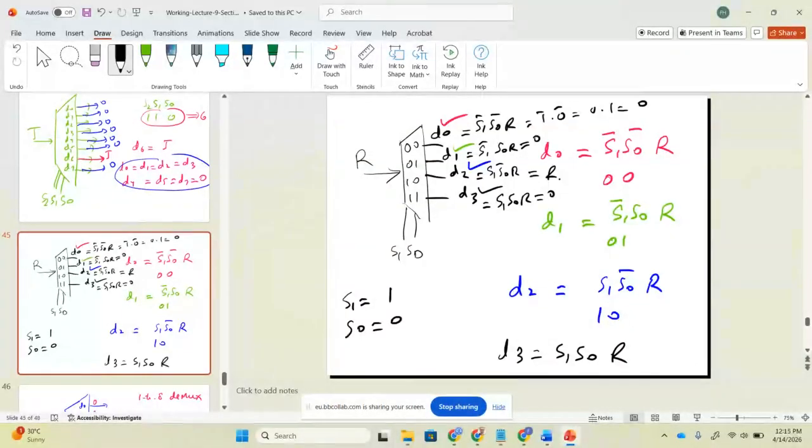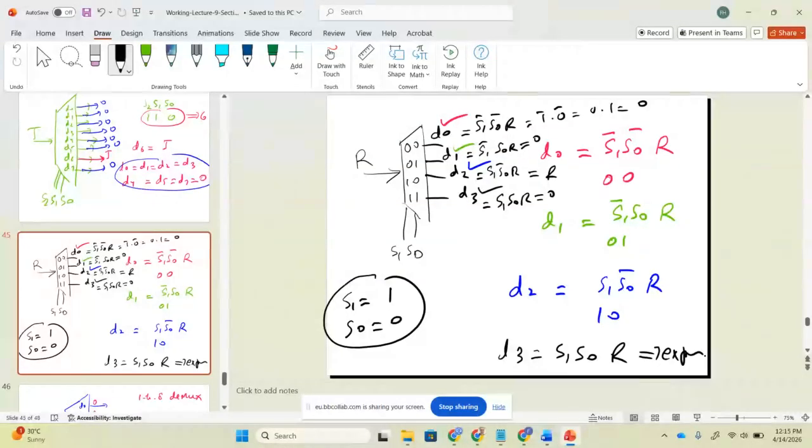Professor, in the last one, D3, how will it be 0? Because S0 is 0. But isn't it 1, 1? No, I'm assuming that S1 is 1 and S0 is 0. The input can be anything.